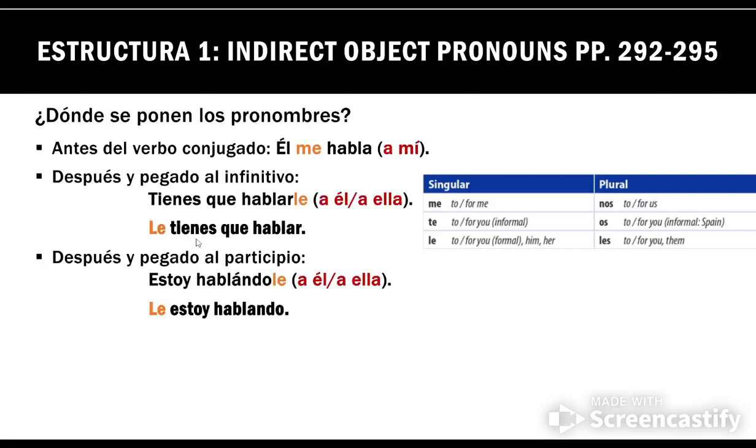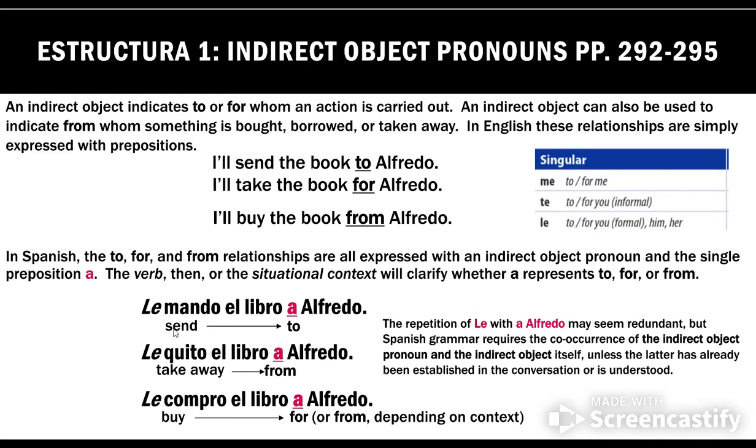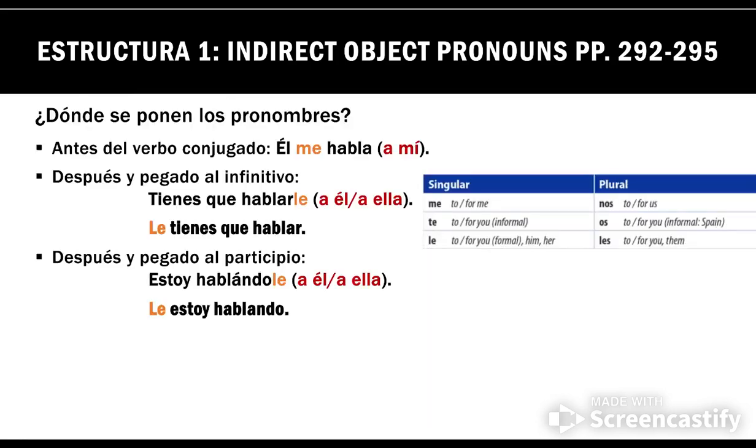Now, where do we put them? You may have noticed here how the indirect object pronoun is before the conjugated verb. So we can put it antes del verbo conjugado, before the conjugated verb. Él me habla a mí.